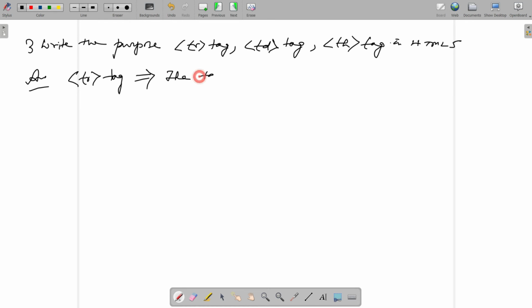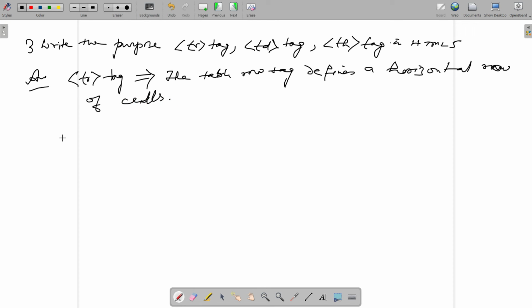The table row tag defines a horizontal row of cells.